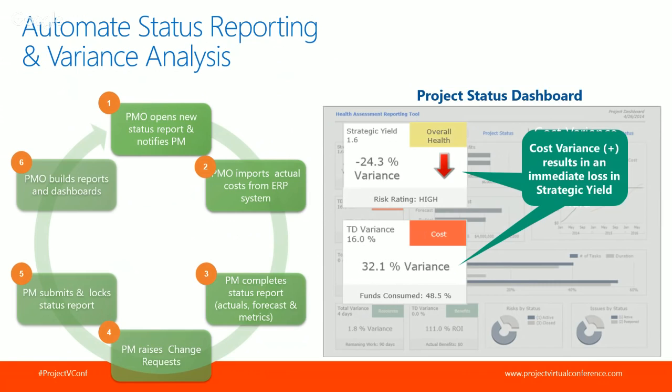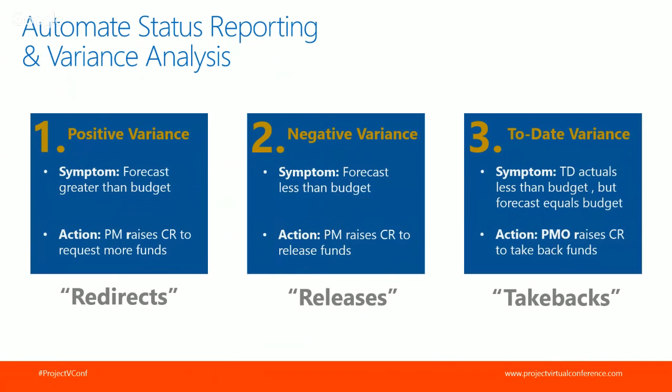In this particular example, this project is forecasting a 32% overrun, and we can see that it's had a negative impact on the yield, because if cost rises and value stays the same, yield must fall, and that's acting as an early warning investment viability indicator to suggest there may be better buys in the portfolio. So you can see at this instance how yield is being used beyond the traditional annual planning cycle to provide that investment viability indicator during the life of the project.